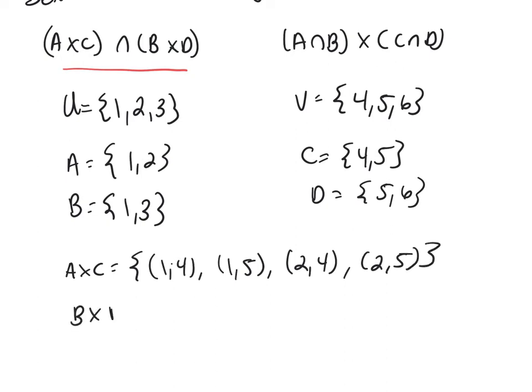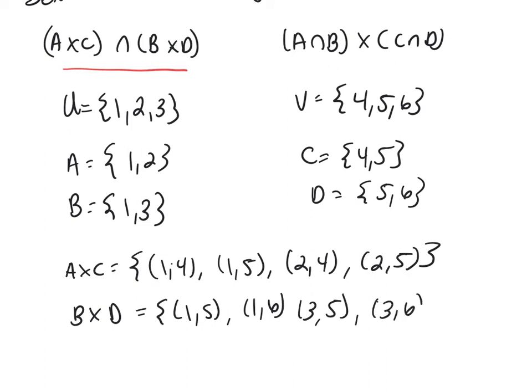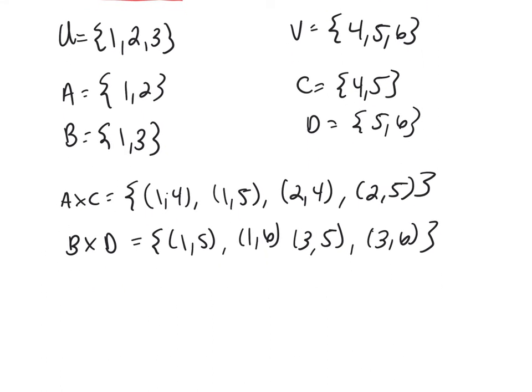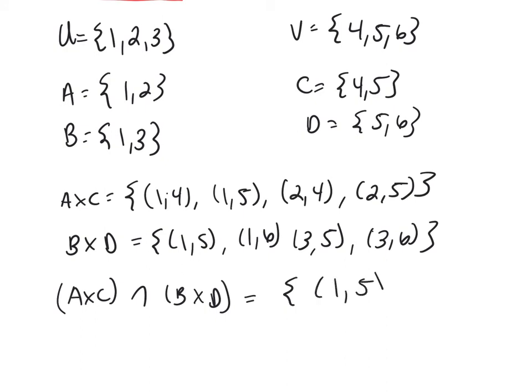B cross D would be 1, 5, 1, 6, 3, 5, and 3, 6. And so now if I look at A cross C intersected with B cross D, what do these two sets have in common? They only have in common the ordered pair 1, 5.